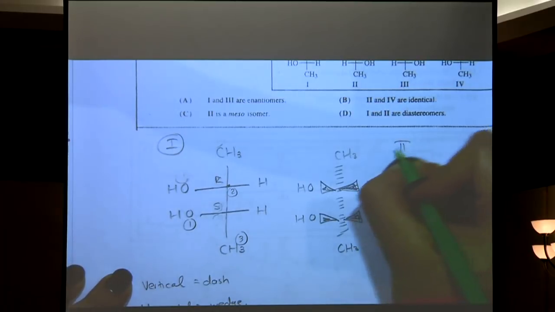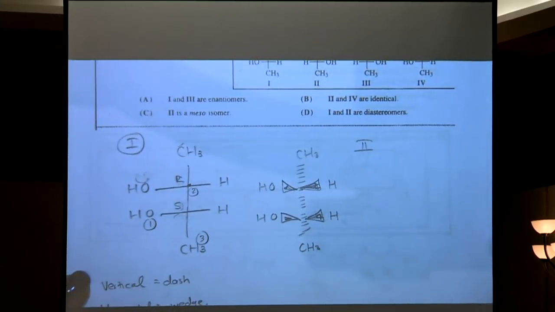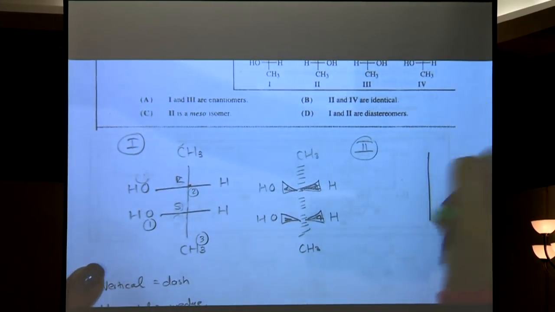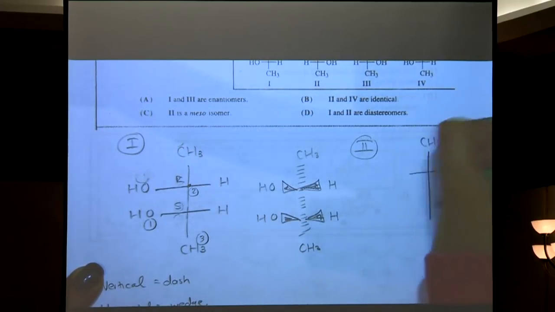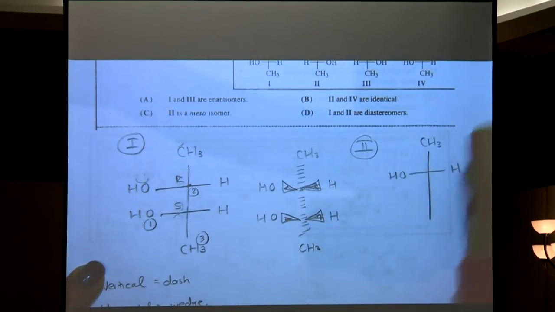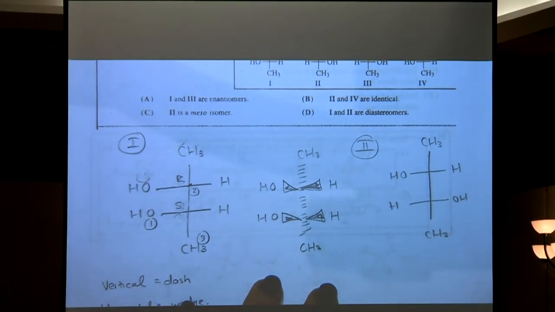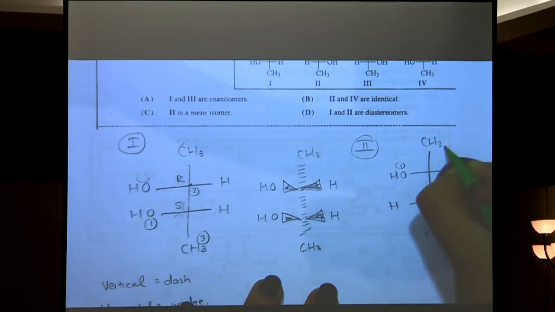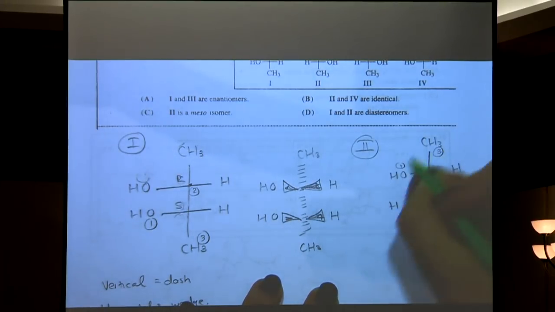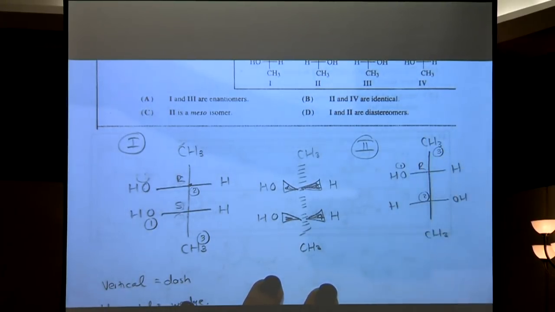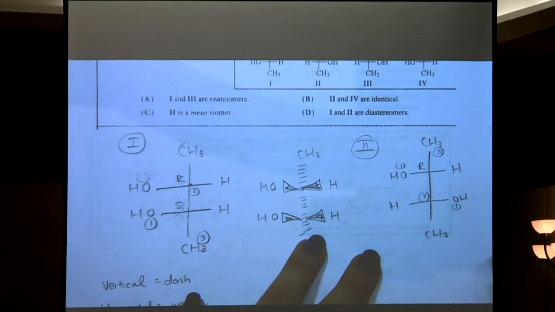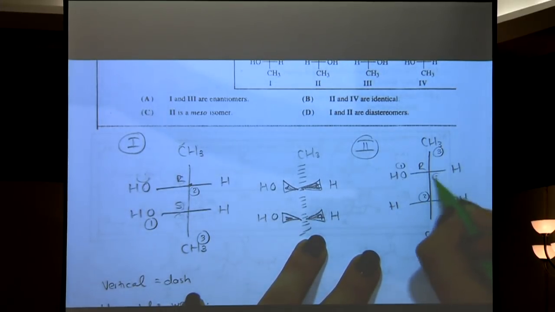For number 2, we're going to do the same thing. So this is our 1, 2, 3. If we follow the numbers, it's counterclockwise, but we have to flip it, so that's R. And then for this one, 1, 2, 3.